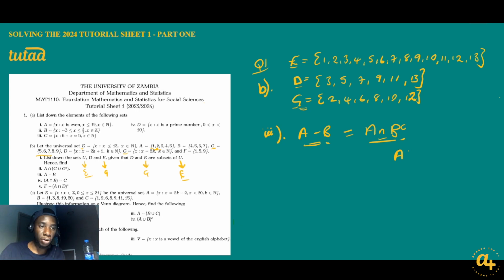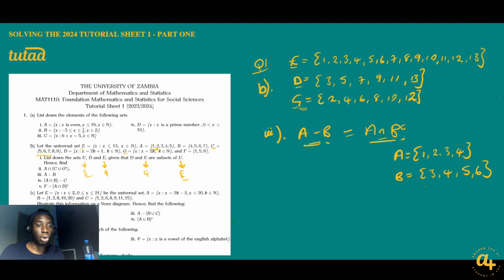So let's take, for instance, set A equal to the elements 1, 2, 3, and 4, and then set B equal to the elements 3, 4, 5, and 6.